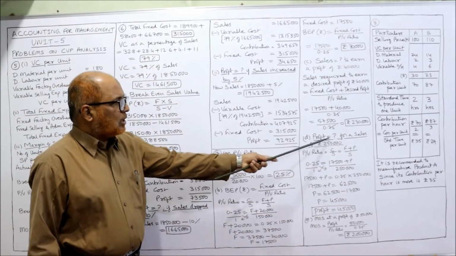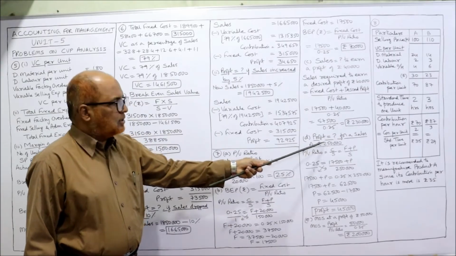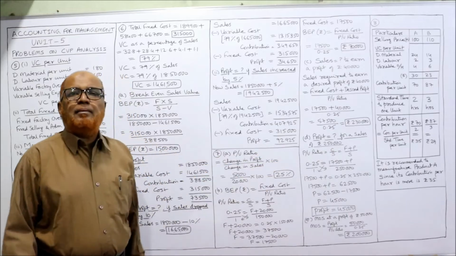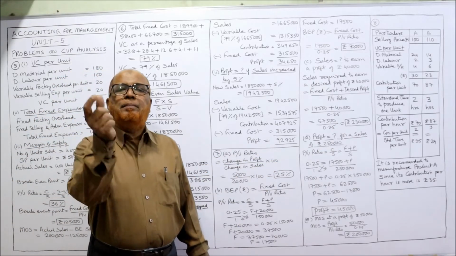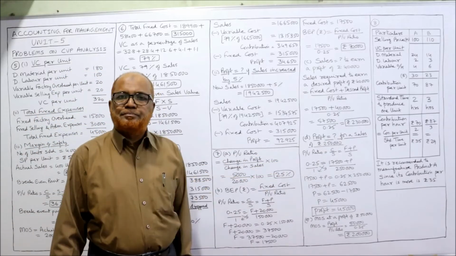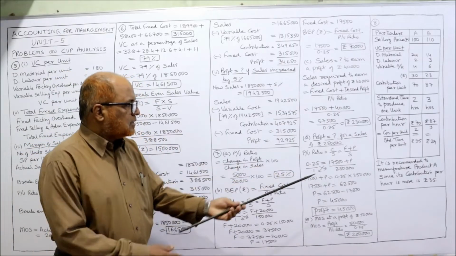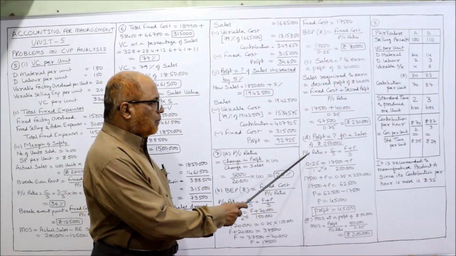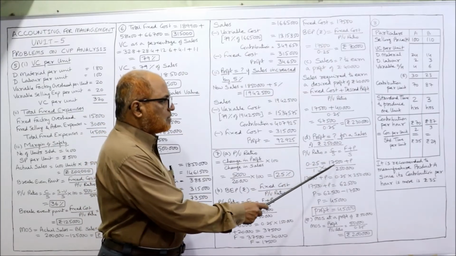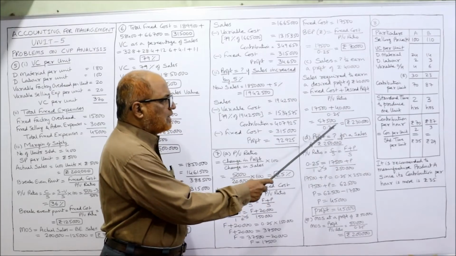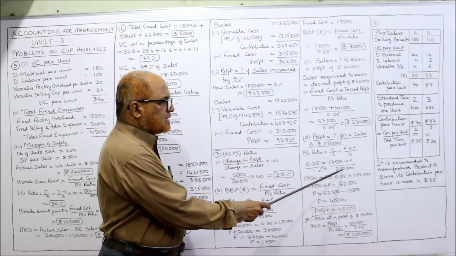So PV ratio formula, C by S. In place of C, again I am taking F plus P because I need profit. Now, 0.25 is equal to fixed cost 17,500 plus profit, which we don't know, we have to find out, divided by sales, 2,50,000 given here.